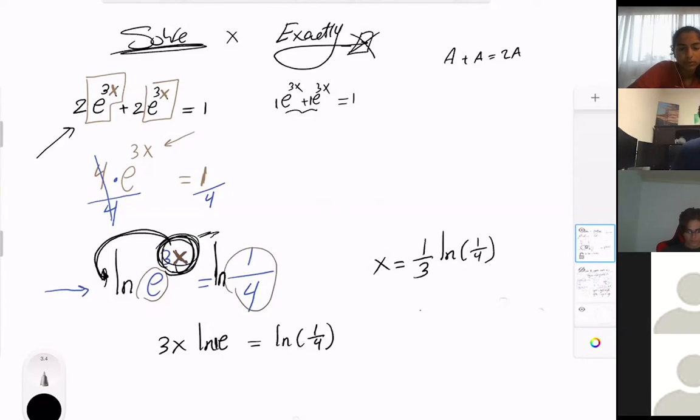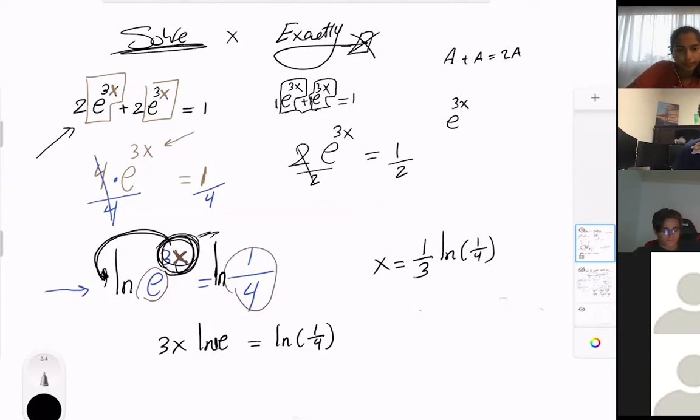So this term is exactly like this term. If you get the same thing, we say 2 of the same term equal to 1. Then you divide. You don't take ln here. I divide by 2. Now we have e to the power 3x equal to 1/2.